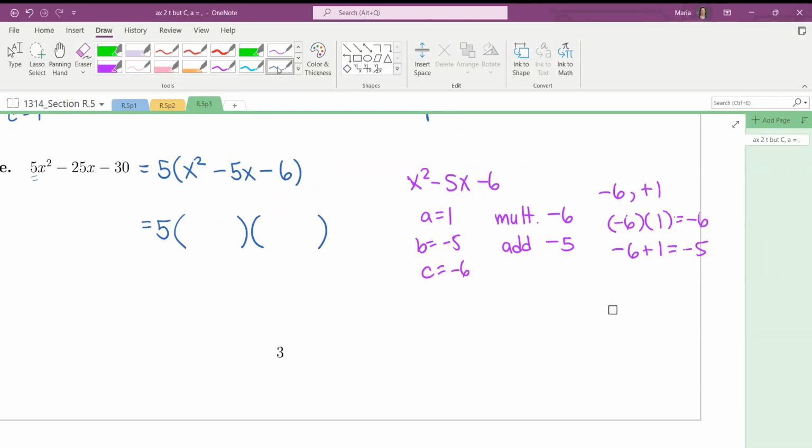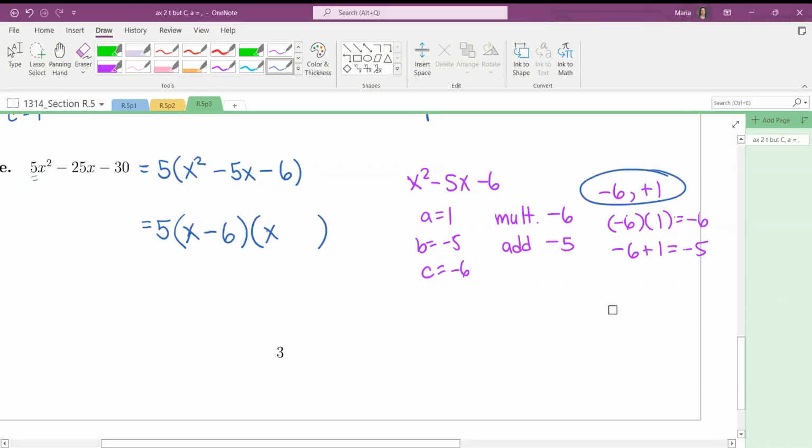So that means I can go back to my factorization. The x squared minus 5x minus 6 is going to factor into something times something. We know the x squared breaks down into x times x. And then to fill in the numbers, we're going to use these guys: minus 6, plus 1. And we have factored.